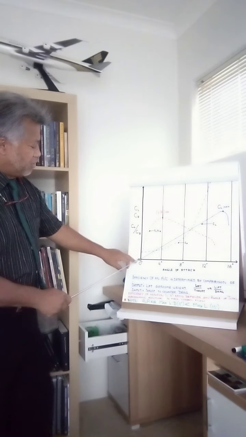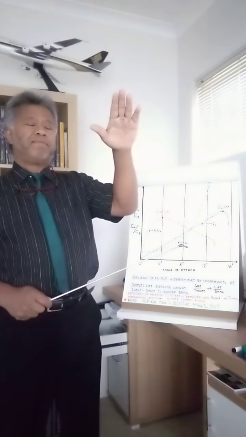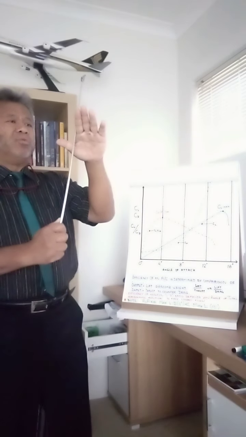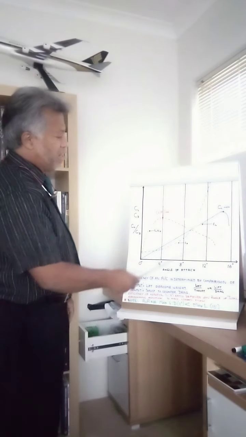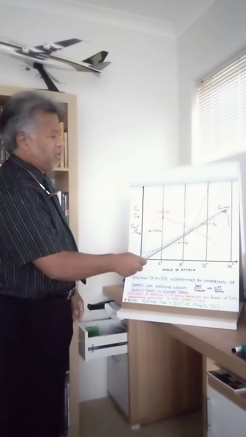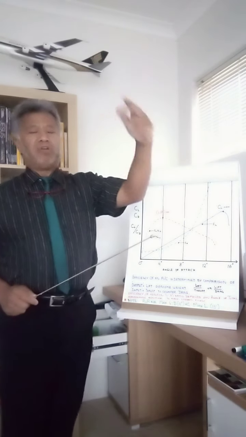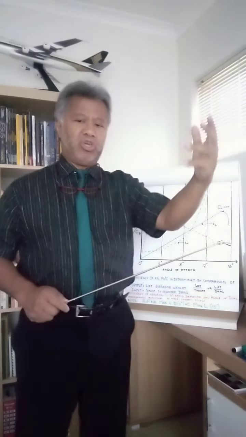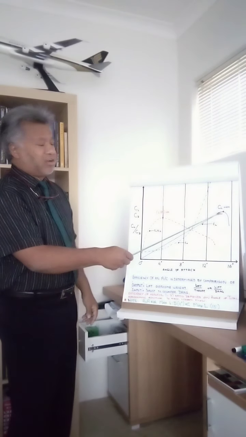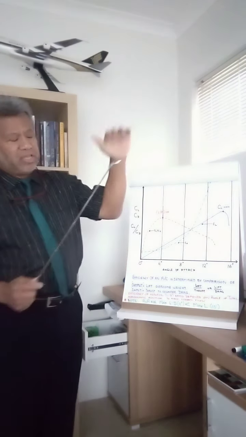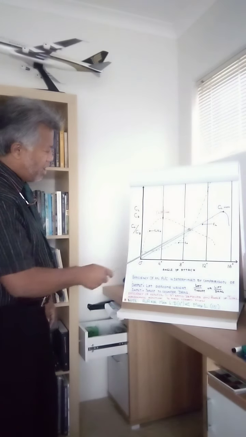You notice that if you increase the angle of attack, the lift increases more and more, until it gets to a critical angle where the coefficient of lift maximum is achieved, around 15 degrees. Then the boundary layer breaks down and becomes turbulent. Even though it's creating lift, it's no longer sustaining the aircraft in the air, so the weight takes over. So that's the coefficient of lift max graph.